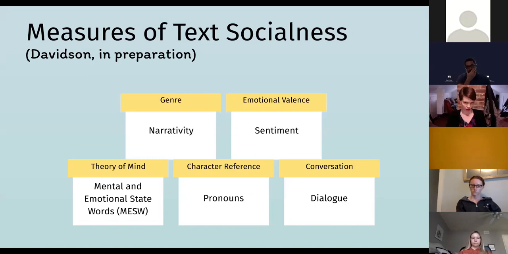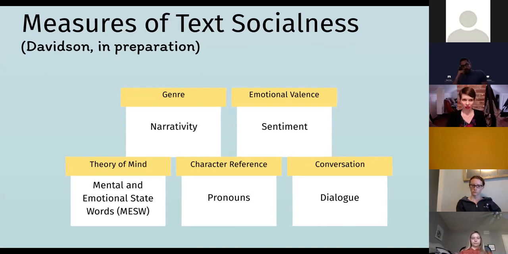Genre is one aspect, but we can also look at the number of mental and emotional state words, which would relate to aspects of theory of mind. We use the number of pronouns to look at how much character referencing is occurring. And then the proportion of dialogue in the text to look at how much conversation is occurring.